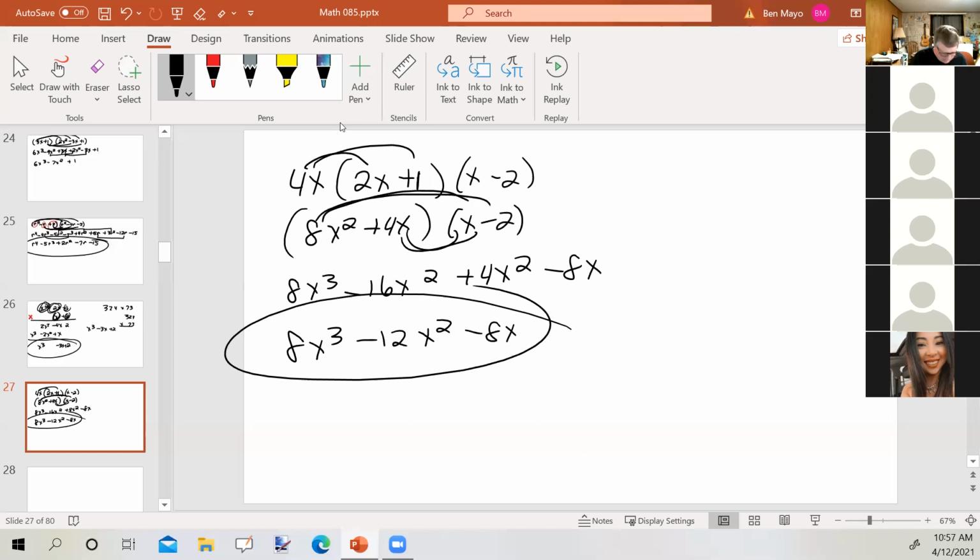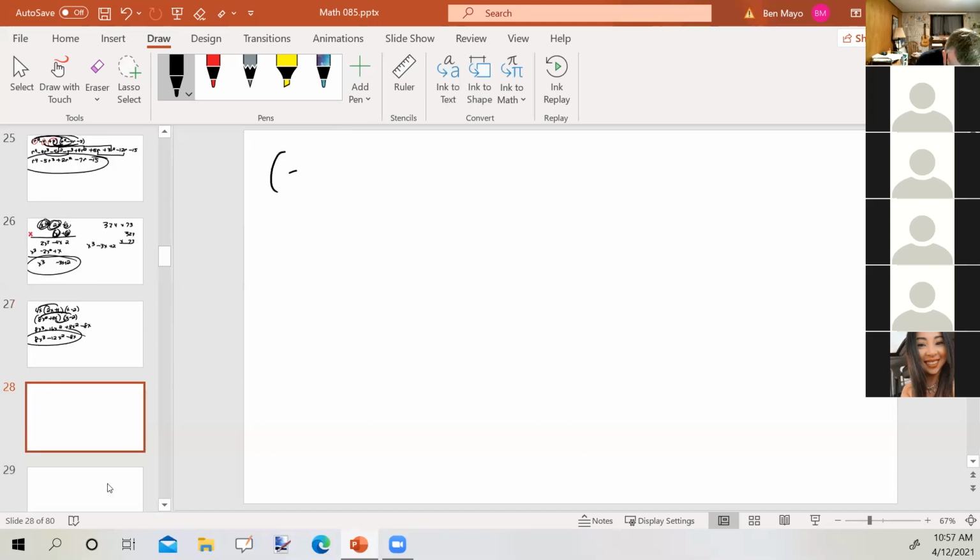All right. How about this one? Negative 2a squared times negative 3a cubed times 3a minus 2.